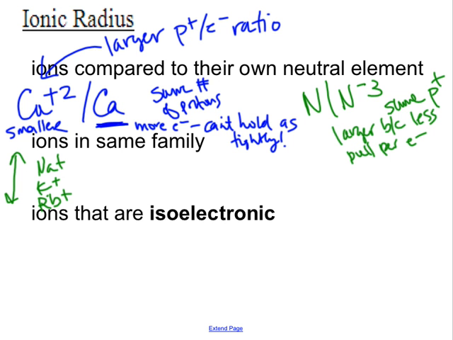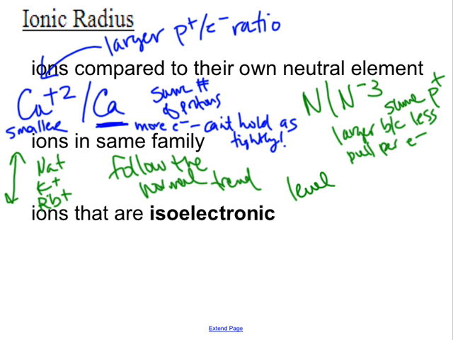You just follow the normal trend. Anytime you're going up and down, the level takes the precedence. And this only works specifically with ions if they're in the same family. And I don't know if I spelled precedence right, and I really don't care because I teach chemistry, not English.